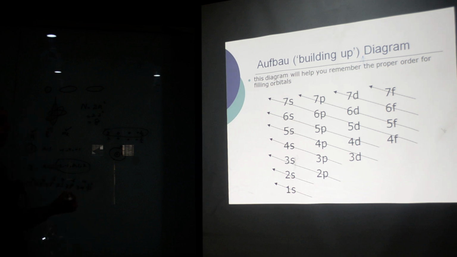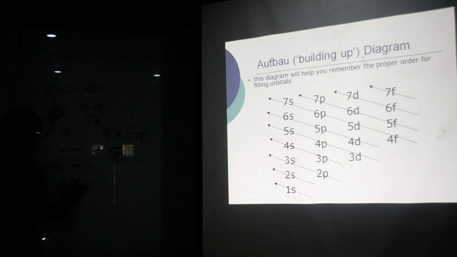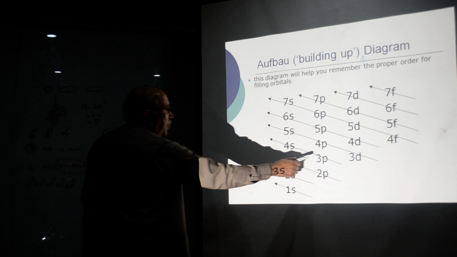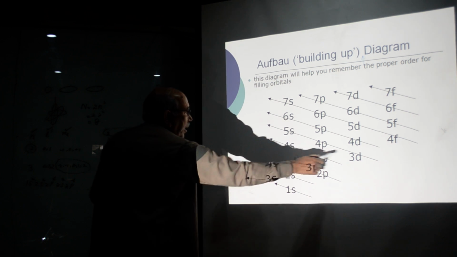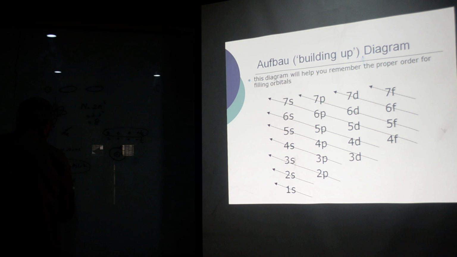Sorry, this 3d10 will come later. After 3p6 comes 4s2, then 3d comes. This is 4s2 and then 3d10.